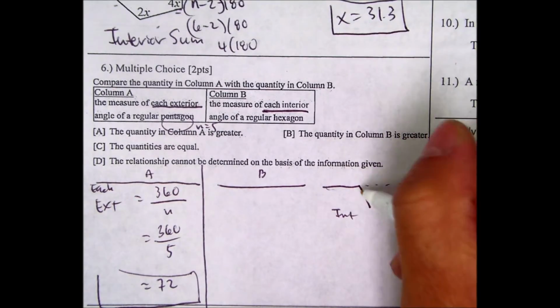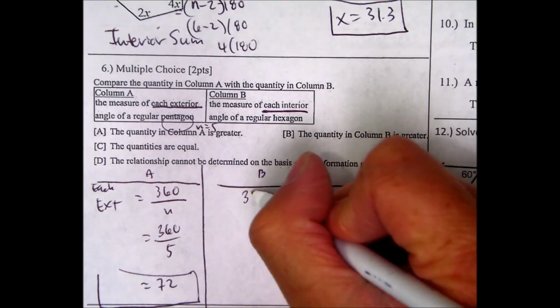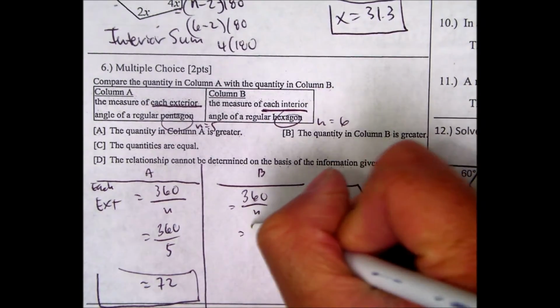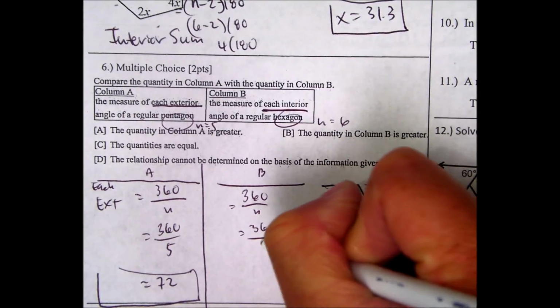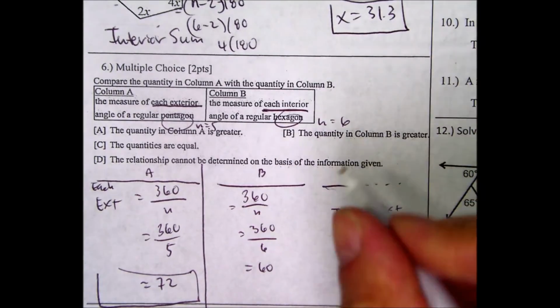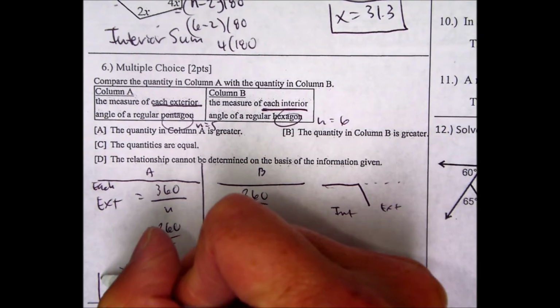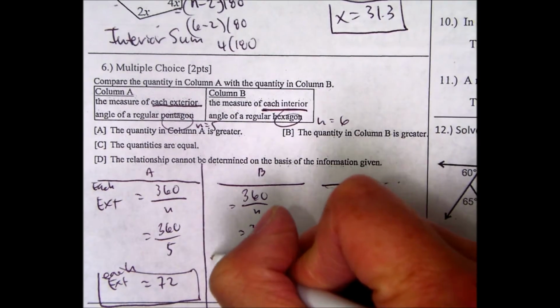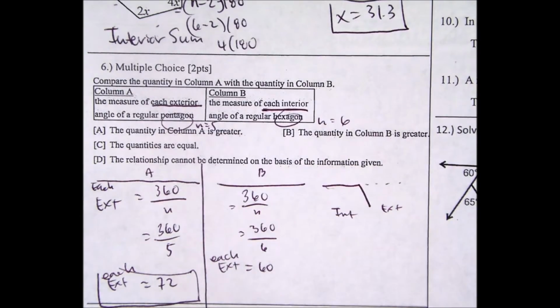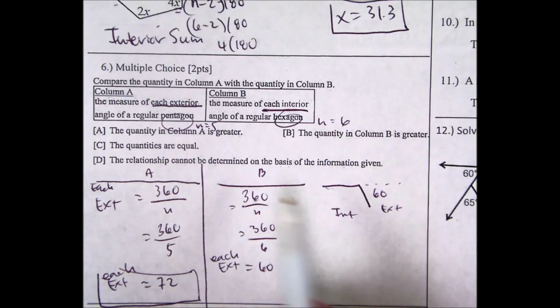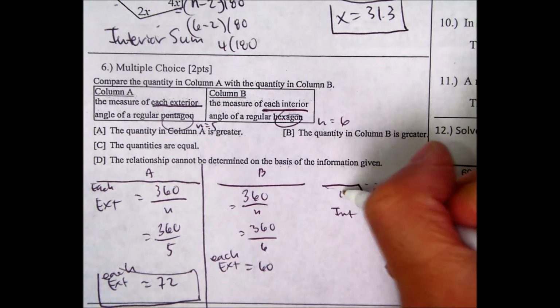So if I find each exterior, which I can use this formula, and a hexagon, n equals 6. Then I get 60 for each exterior angle. And then I just take that number, put it back on my picture. And we're looking for the interior angle, so that would be 120.